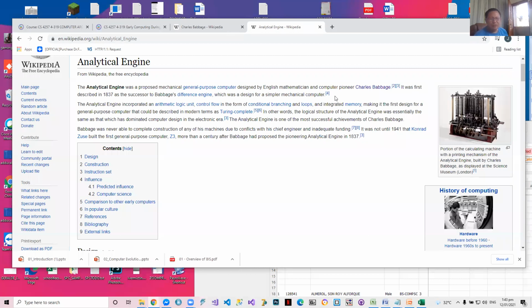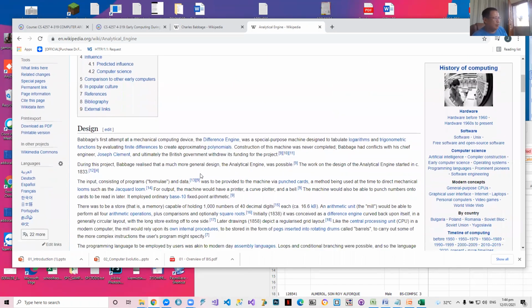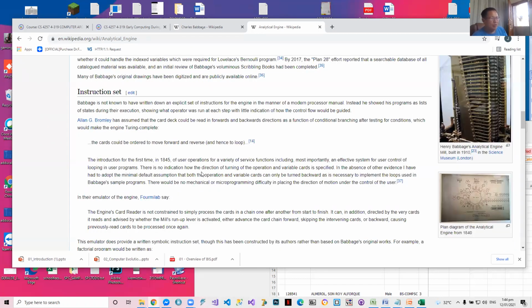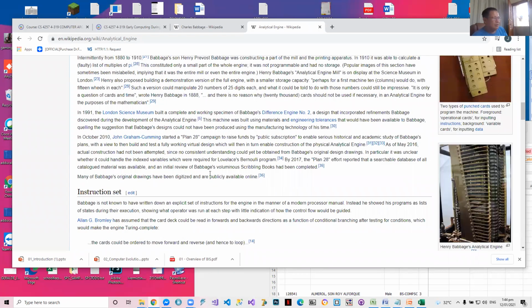Inventors during those days, what they do is propose a design and get funding from somewhere else. Usually the funding comes from a private institution, a private individual, or the UK government, United Kingdom dati, no? From the UK government. Now, Charles Babbage proposed the invention. His first invention was called the difference engine, which is used for computing polynomials. So, it did not succeed.